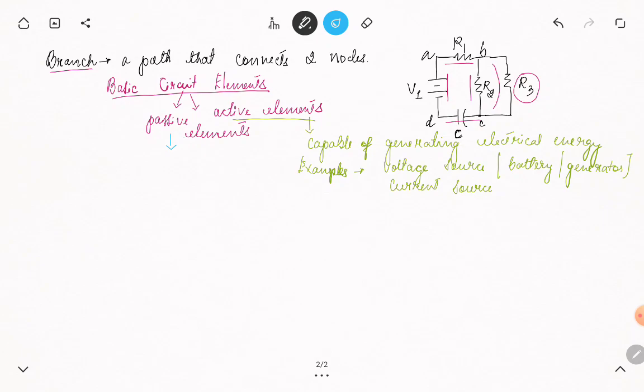A passive element is one which does not generate electricity but either consumes it or stores it.